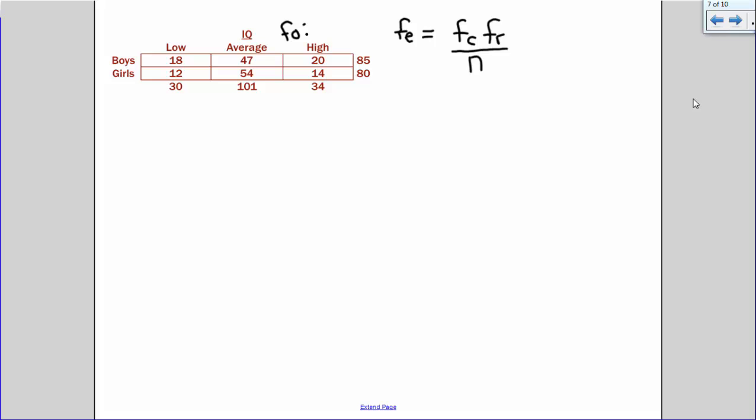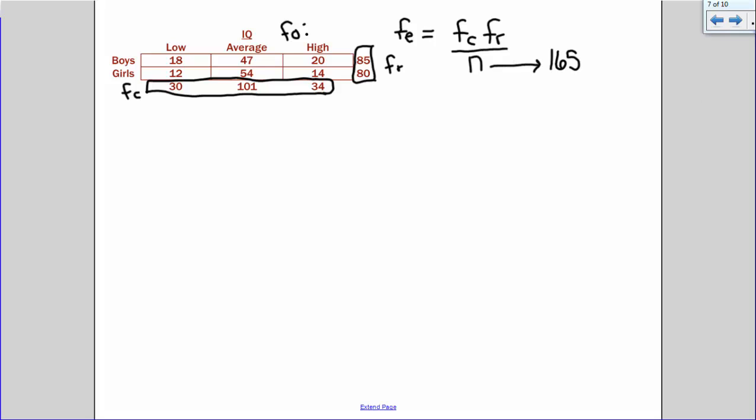Okay, so when I talk about frequency columns, these are frequency columns, and these are frequency rows. The boys versus girls, that is the basis for rows, and then the IQs are the basis for columns. So for each group, we're going to multiply the frequency for the column that group is in by the frequency for the row that group is in, and divide by the total sample size, which in this case is equal to 165.